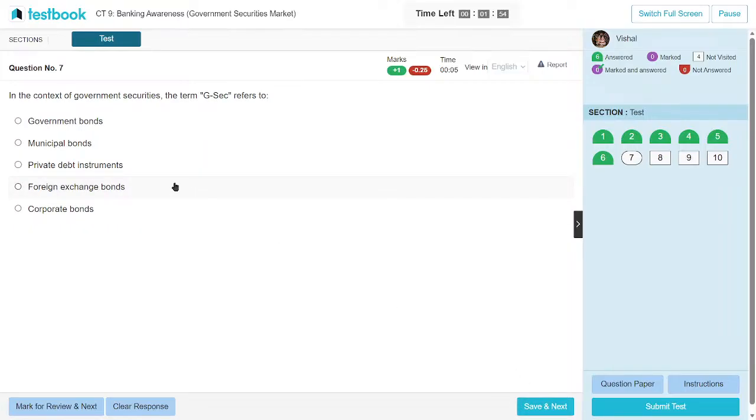Please tell me the correct answer of this question. And the question is, in the context of government security, the term GSAC refers to.